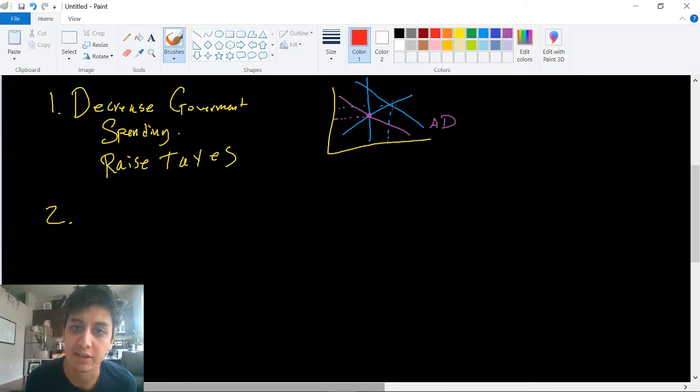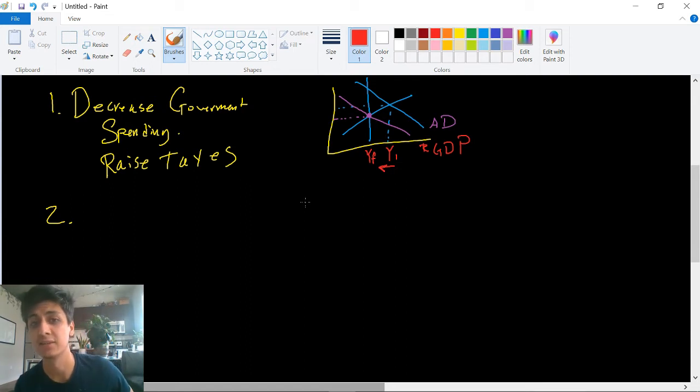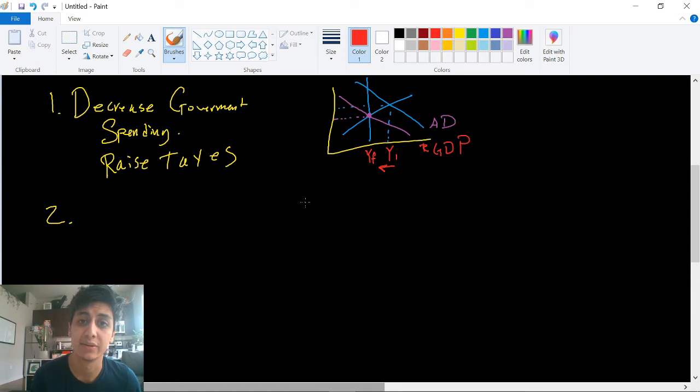So check this out. Currently, we were here at Y1. And then we moved to the left to get to this equilibrium. And remember, this is GDP. GDP is linked to unemployment, which means if we move to the left, unemployment is going up, and if we move to the right, unemployment is going down.